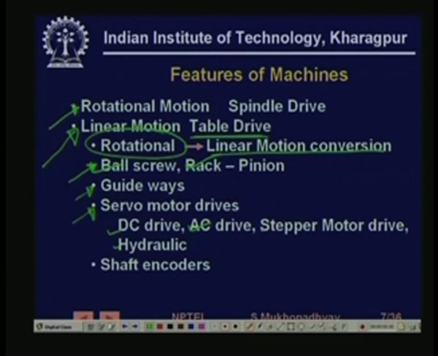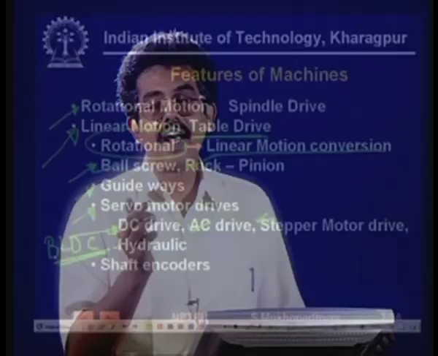For very small things, stepper drives are used, but they are generally not of that high rating. So, DC and AC drives are generally used, mostly DC drives, DC and BLDC, brushless DC. We will see these drives in some more detail in our lessons on drives.